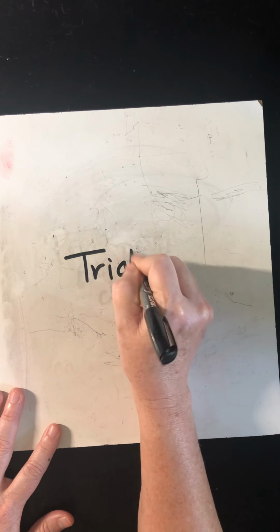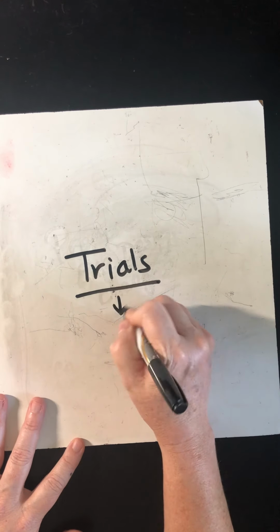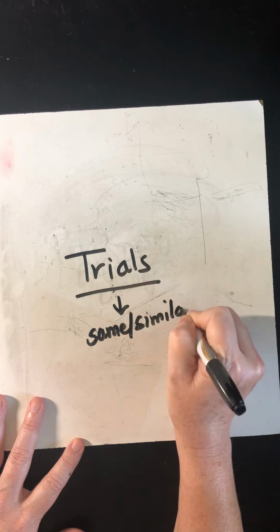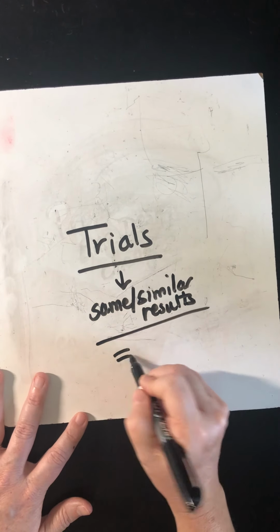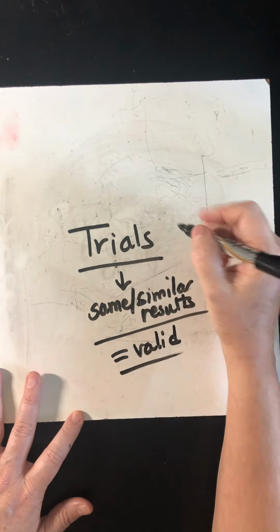And then if they're doing an experiment on humans, you definitely want to do a lot of trials. And the more trials you do, and you get the same or similar results, then you can say your conclusion is valid. But if you do one trial, that's a no-no.